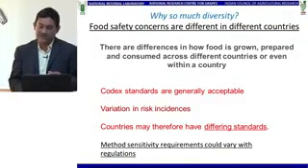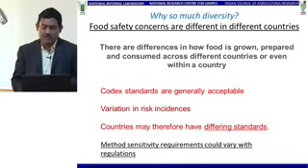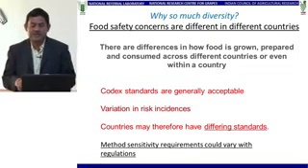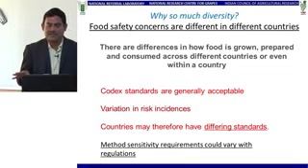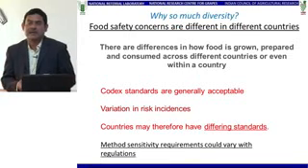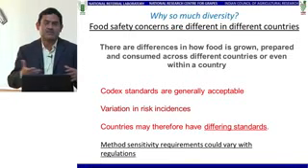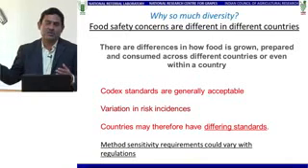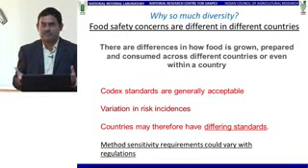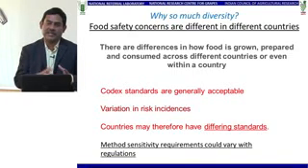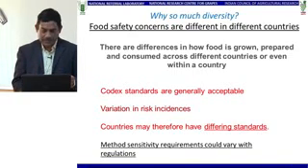Why do different countries have different standards? Because food safety concerns are different in different countries. There are differences in how food is grown, prepared and consumed. India itself is a representation of the globe: going from east to west, north to south, the style of taking food and the composition of daily food are so different.